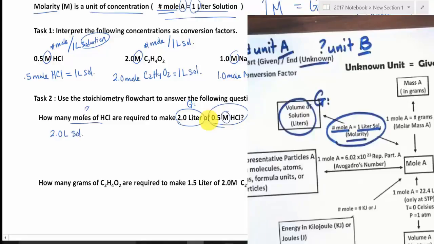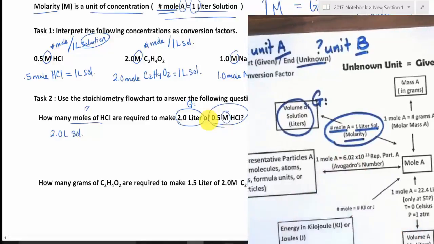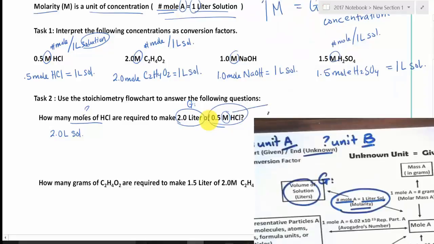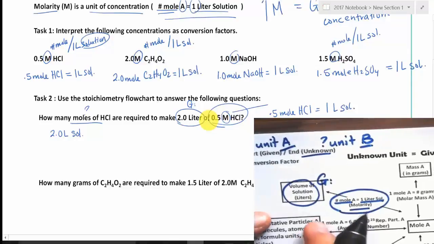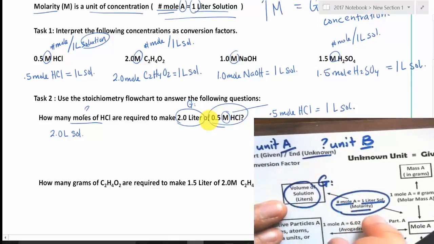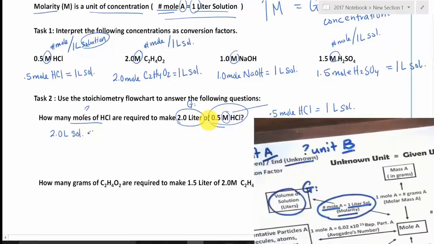This is our conversion factor, which is equal to 0.5 mole of HCl equal to 1 liter of solution. So if we take that, starting right here, and multiply by that conversion factor, which is 0.5 mole of HCl equal to 1 liter of solution, then we will get our moles.